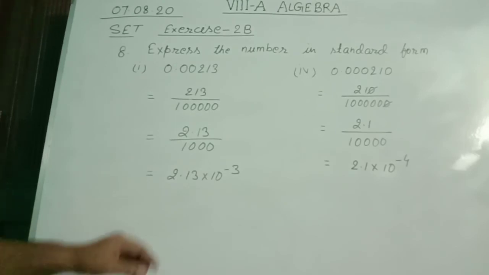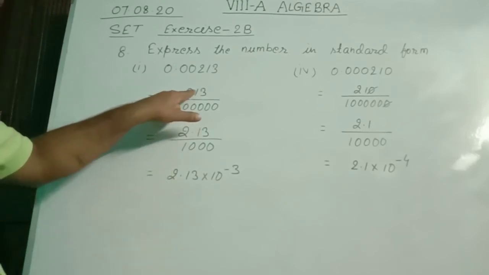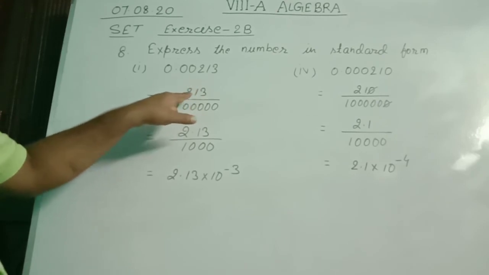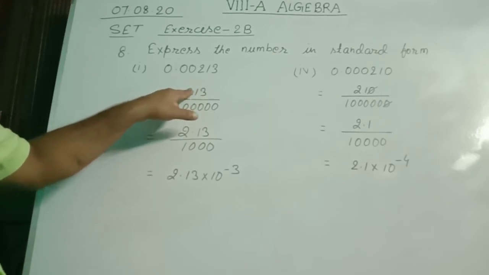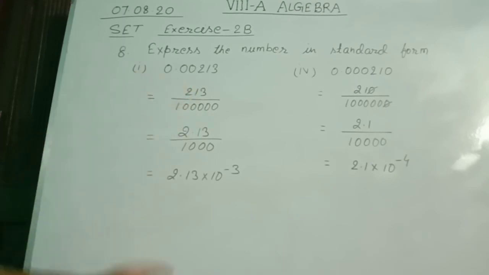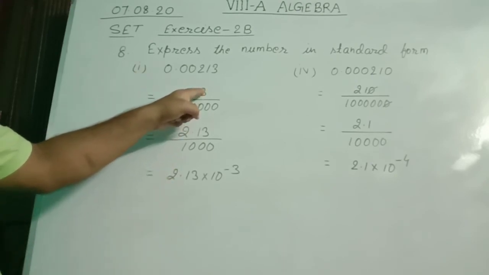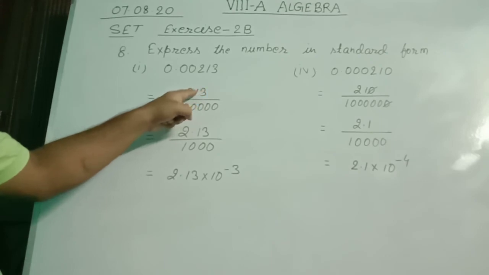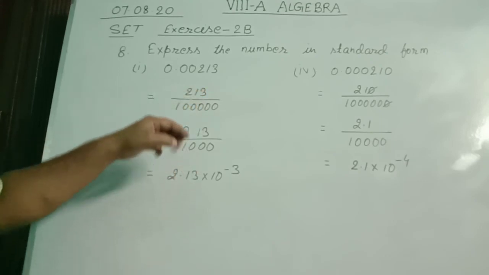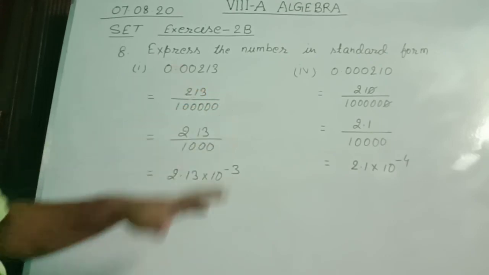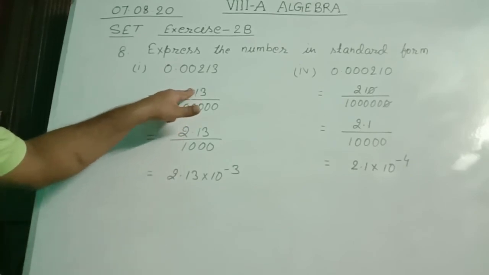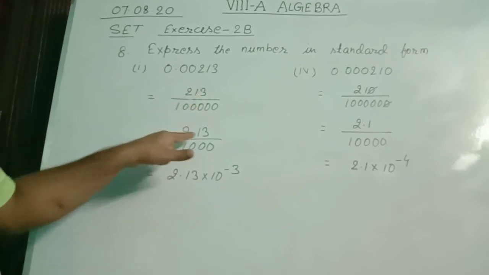Now to keep the decimal, because I told you we have to change this so that 2 will come after the decimal. For that we will keep the decimal after these 2 digits. So for that 00 will be cancelled and the decimal will come here now. So 2.13.